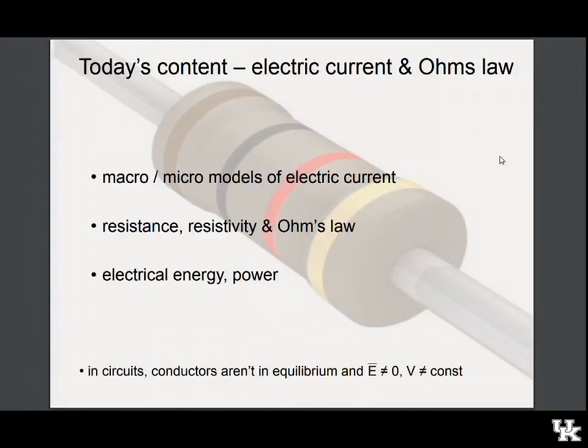Charge is moving. Current is flowing, and that's not equilibrium. So those rules about zero electrical field in a conductor, those rules about constant potential throughout a conductor, don't apply to electrical circuits. They're not in equilibrium.